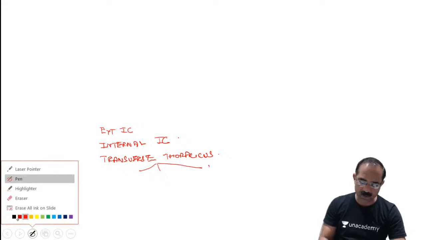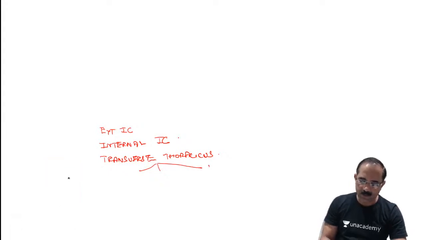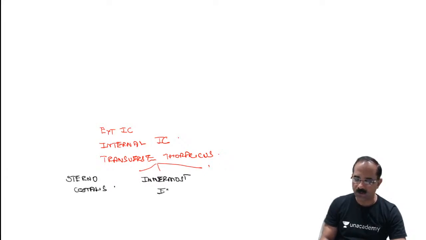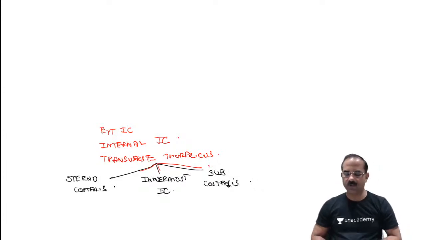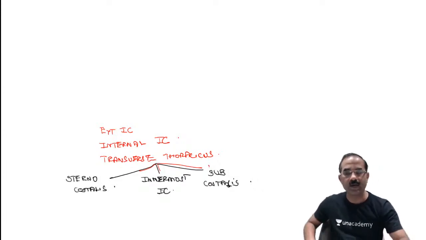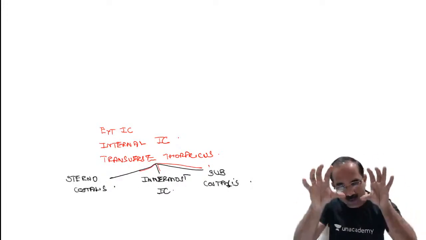The one in front is known as the sternocostalis. The second one is the innermost intercostal. And the third one is known as the subcostalis. So sternocostalis, innermost intercostal, and subcostalis are the three parts of the transversus thoracis.